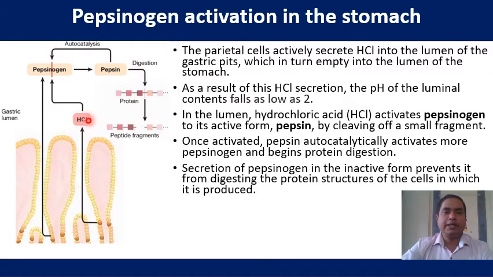In the lumen, HCl activates the pepsinogen enzyme to its active form, pepsin, by cleaving off a small fragment. Once pepsinogen is activated, the pepsin autocatalytically activates more pepsinogen and begins the protein digestion. The secretion of pepsinogen in the inactive form prevents it from digesting the protein structure of the cells in which it is produced.